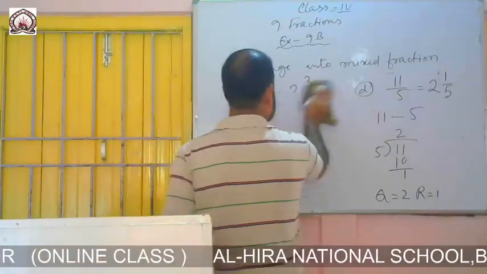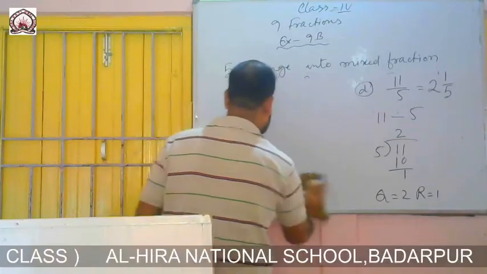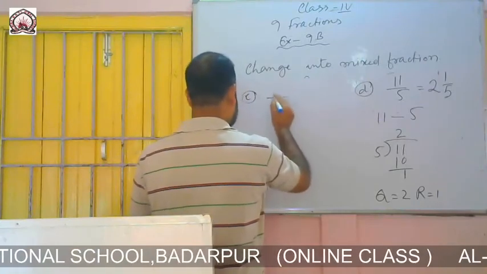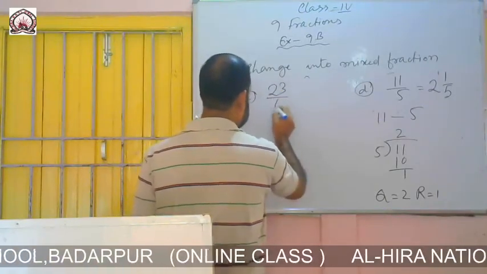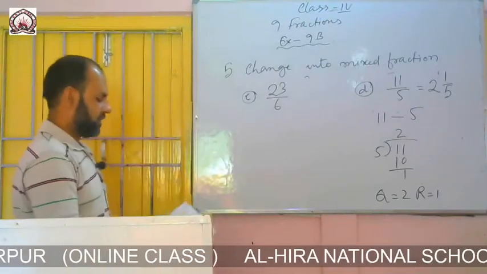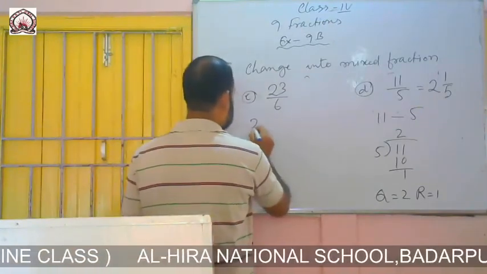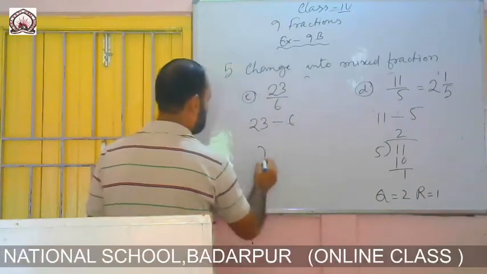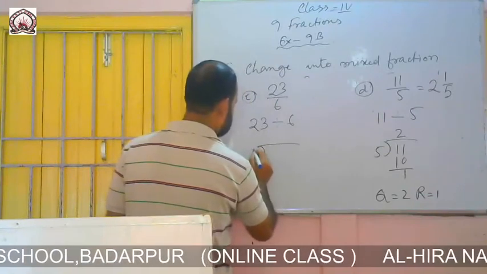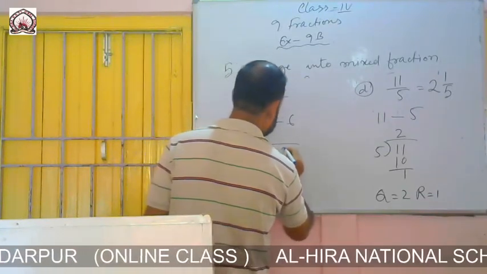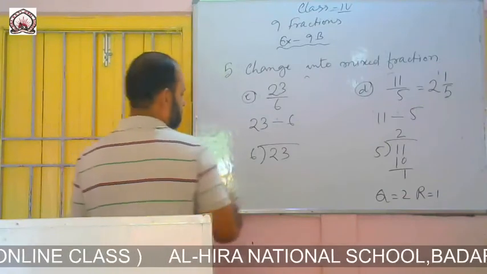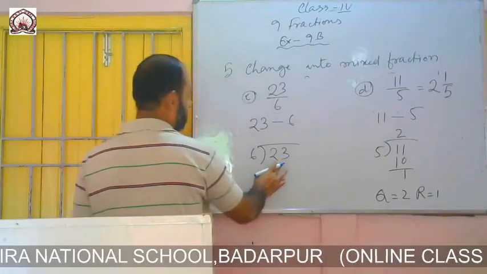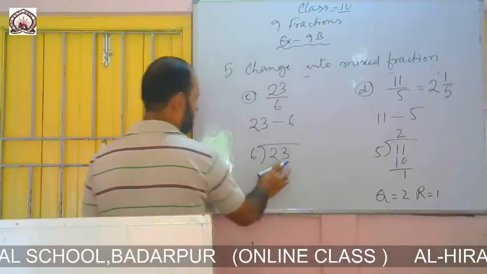Next question, question number E, 23 by 6. First we divide 23 by 6. 6 3s are 18, 6 4s are 24, which is more than 23.